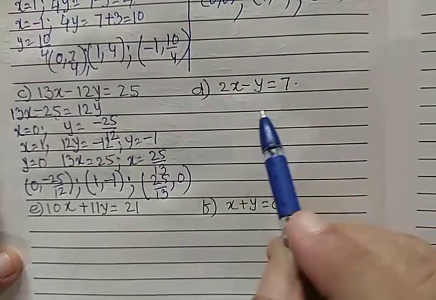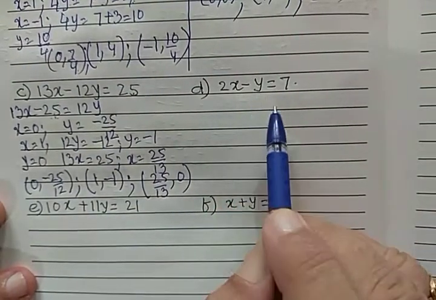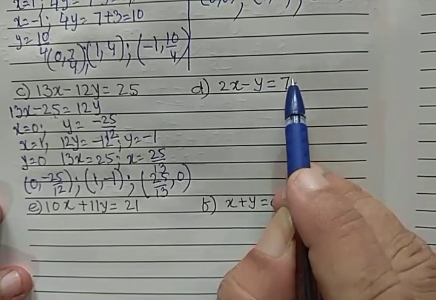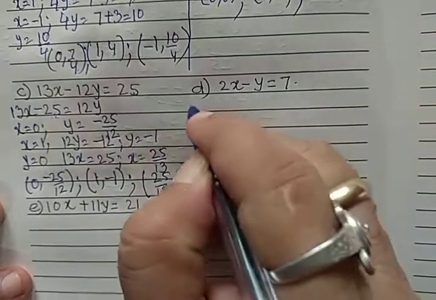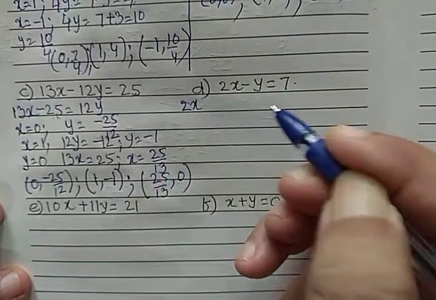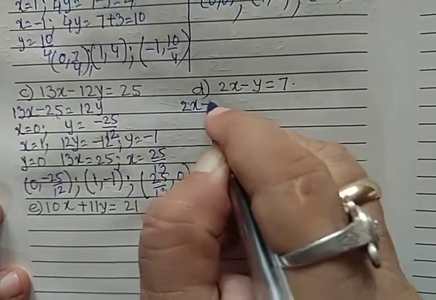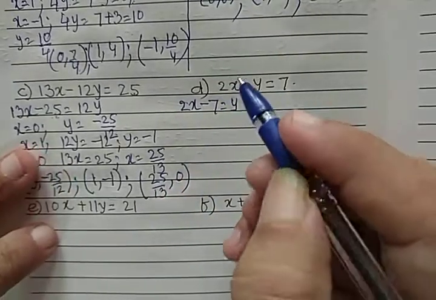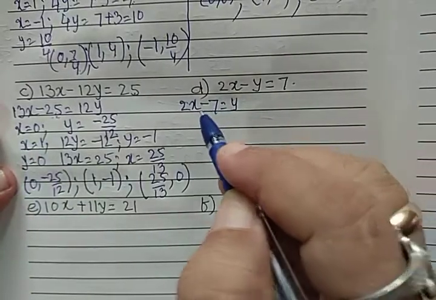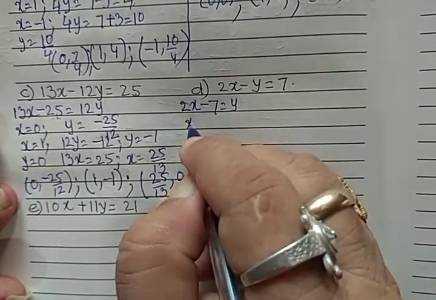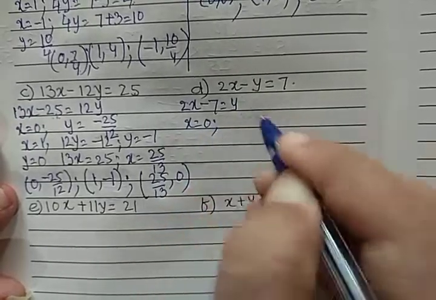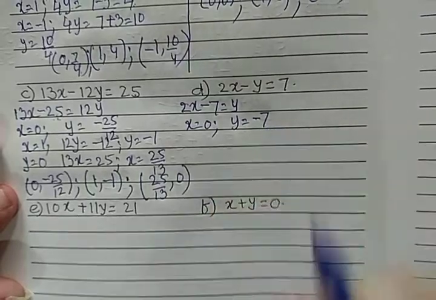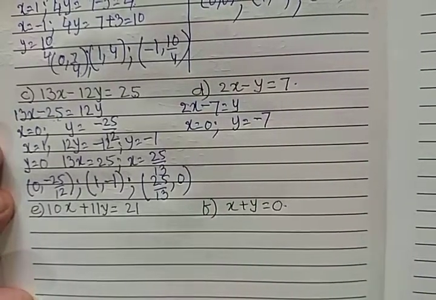So now let us do this one. 2x minus y is equal to 7. Clear? Let us take y to that side and 7 to this side. So 2x minus 7 is equal to y. First let us take x is equal to 0. When x is equal to 0, y is equal to minus 7.